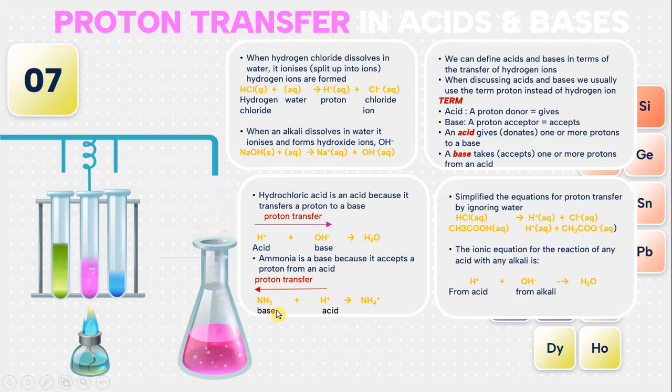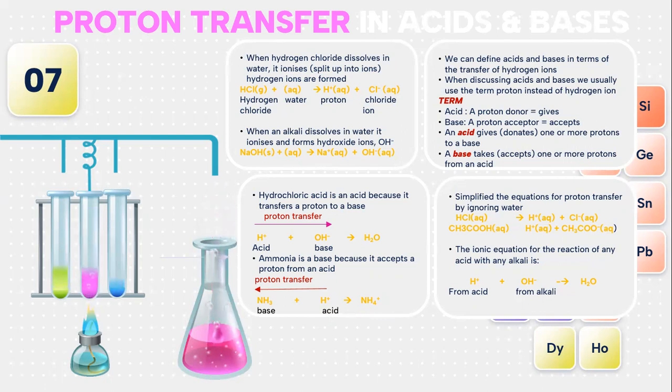You can see NH3, ammonia, plus acid H positive forms NH4 positive. So we simplify the equation for proton transfer by ignoring water. You can see HCl forms H positive plus Cl negative.